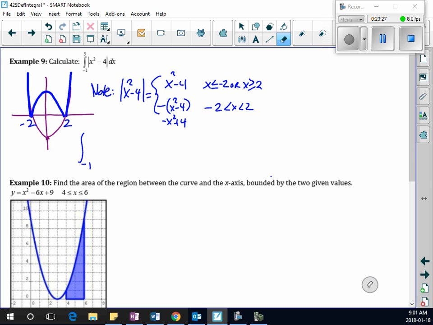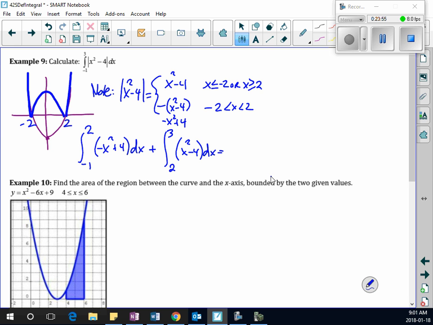Try that again. From negative 1, it switches at 2, and so that would be the one that's in between. So this would be negative x squared plus 4 dx plus, and then from 2 to 3. Does everybody agree this is the same integral? So this is x squared minus 4 dx.